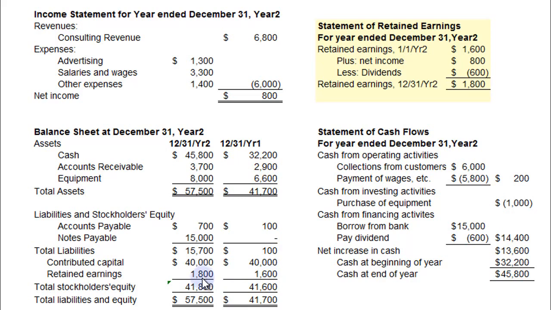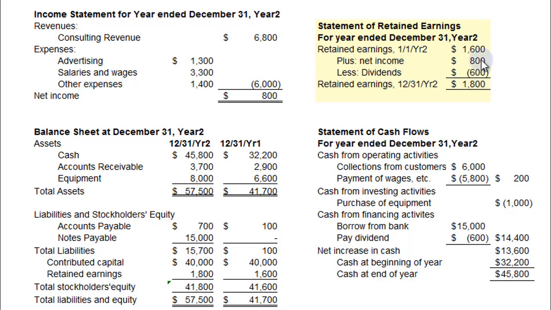So our statement of retained earnings is explaining to a lender, investor, or other user why retained earnings went from $1,600 to $1,800. Well, what kinds of things change retained earnings? Think of what the definition of retained earnings is. Retained earnings holds all of the profits of a company reduced by the amount of those profits that's been paid out in the form of dividends. So retained earnings changes by the amount of each year's income and the amount of each year's dividends.